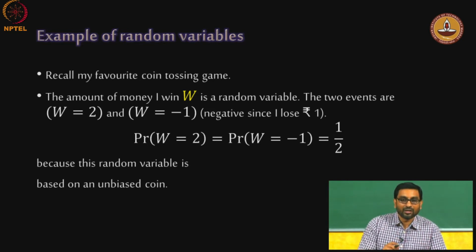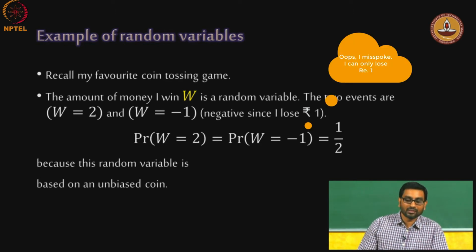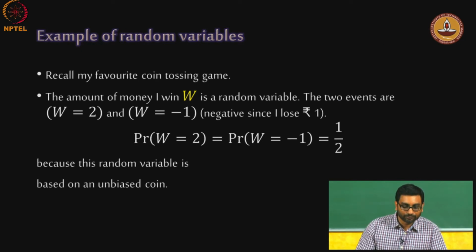Now one can think of what I am likely to get, a notion that we need to develop. But in this case I am equally likely to gain 2 rupees and lose 2 rupees. Both of these events, if you will, have equal likelihood.